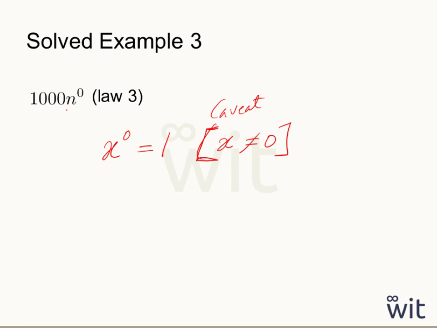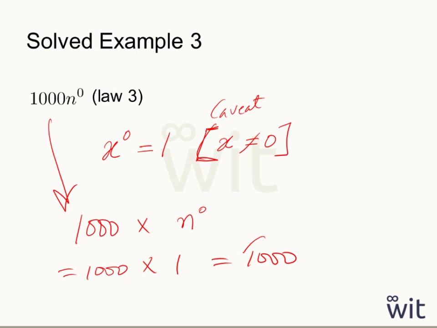So this is assuming n is not equal to 0. And so to solve this, we're going to have 1000 times n raised to the power 0, which will be equal to 1000 times 1, which is equal to 1000. So that's our solution for the third law.